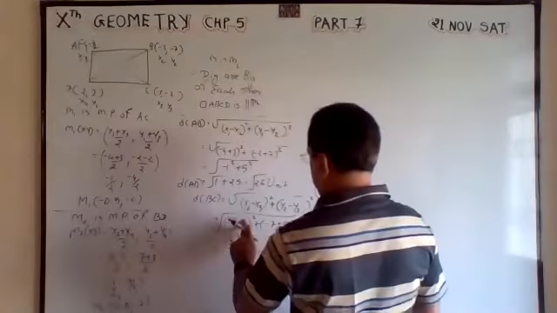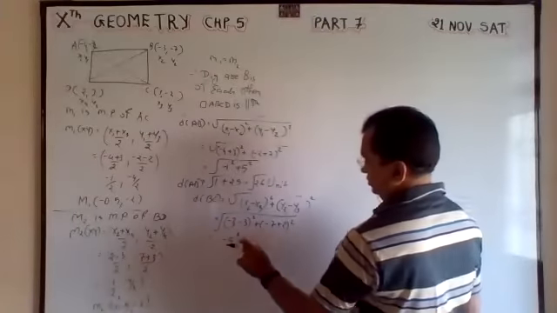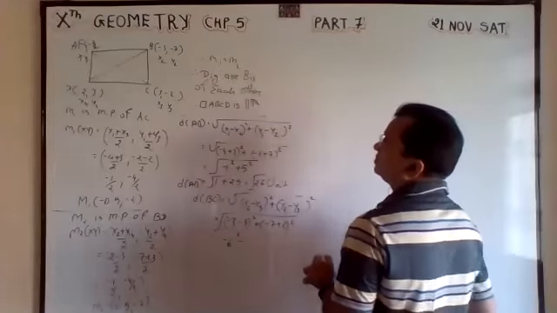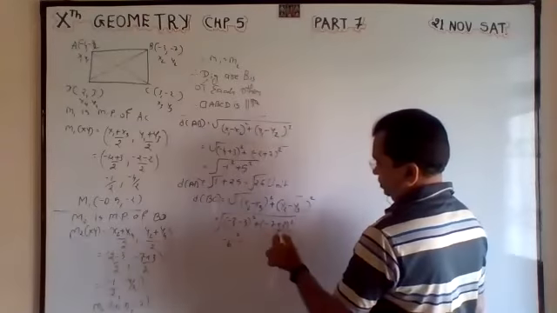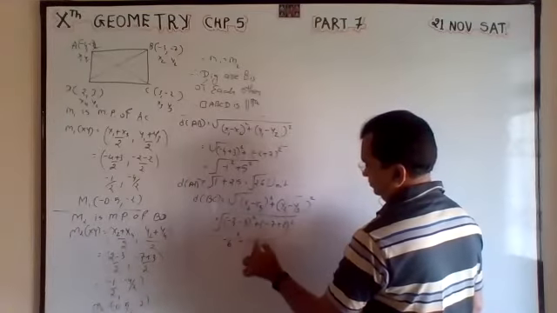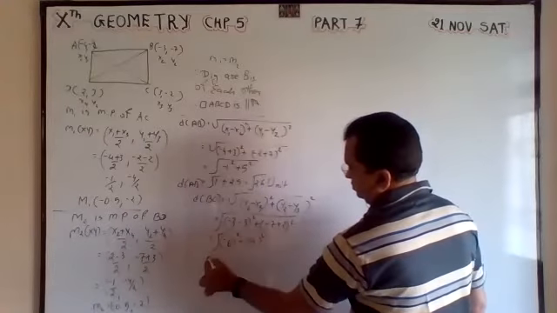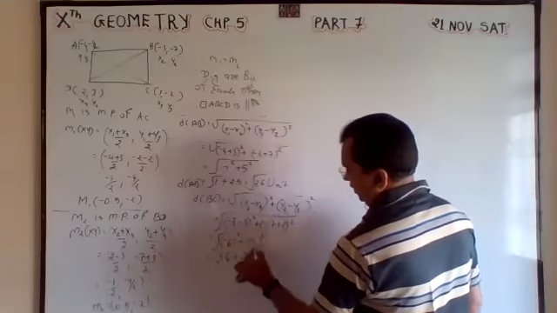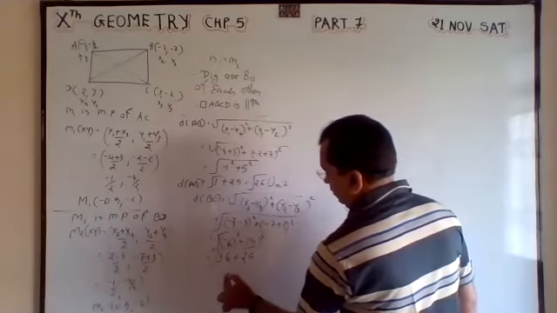This and this, so 3 minus 3, sorry, 7 minus minus plus. So this is 6. This is 5. 6 6 are 36. 5 5 are 25. It is 61.